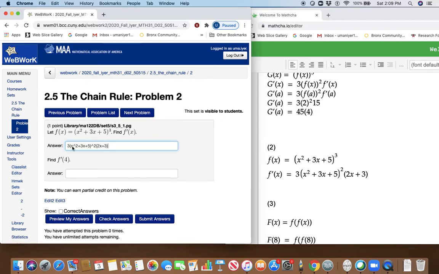That's the derivative of the object inside. This question says find the derivative at 4. In other words, I need to replace all the x's by 4. So x is 4. 3 times x is 12. 2 times x is 8.